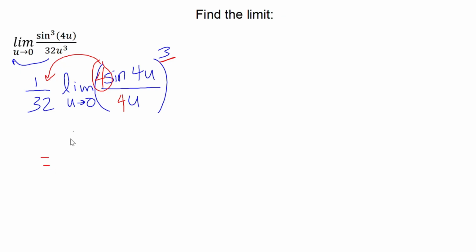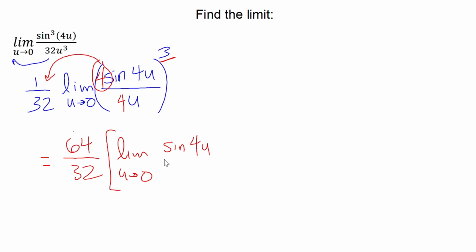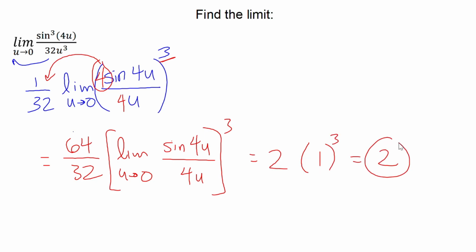So we'll end up with 4 cubed, which is 64 over 32, times the limit as u approaches 0, where I'm now pulling that cubed outside the whole limit, of sine 4u over 4u, all being raised to the power of 3. Well, 64 over 32 is just 2, so we have 2 times that limit is 1, so 1 cubed, or just 2.